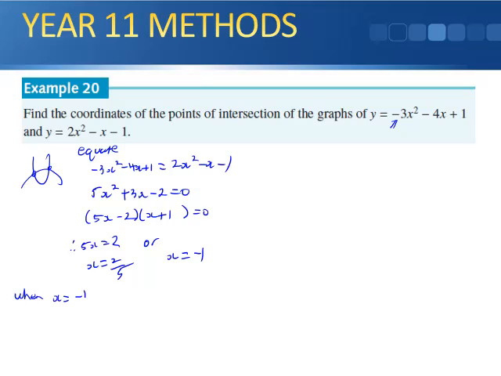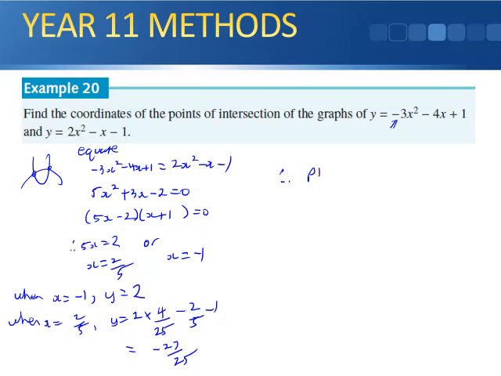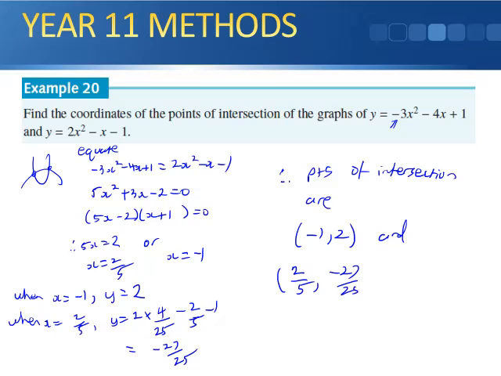When x equals negative 1, y equals 2, and when x equals 2/5, I get y equals 2 times 2 squared is 4, over 25, minus 2/5 minus 1, and that will give me minus 27 over 25. Therefore, points of intersection are (-1, 2) and (2/5, -27/25).